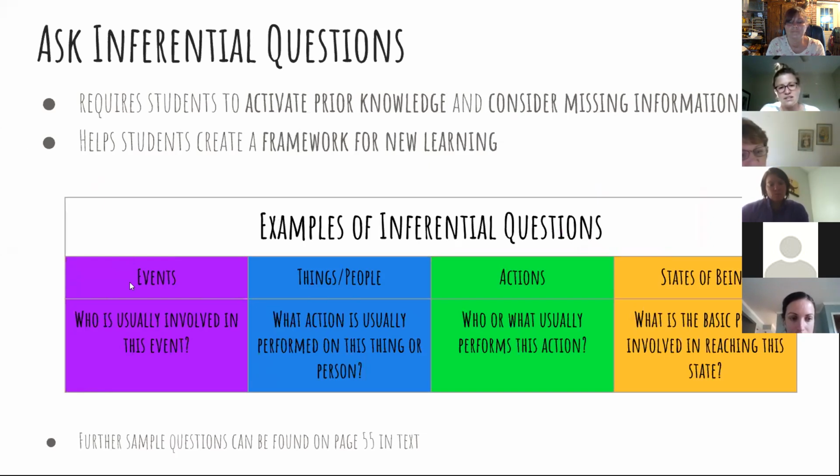And then in the text, it has some examples of inferential questions. They're typically focused on these 4 concepts, and I will let you read through those.